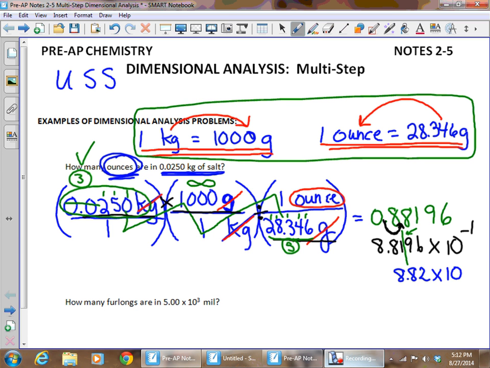So 8.82 times 10 to the negative first. We need to make sure we have our units then on the end for our final part of USS, units, sig figs, scientific notation. Ounce abbreviated is OZ, so that's what I'm going to put. And my answer is 8.82 times 10 to the negative first ounces.